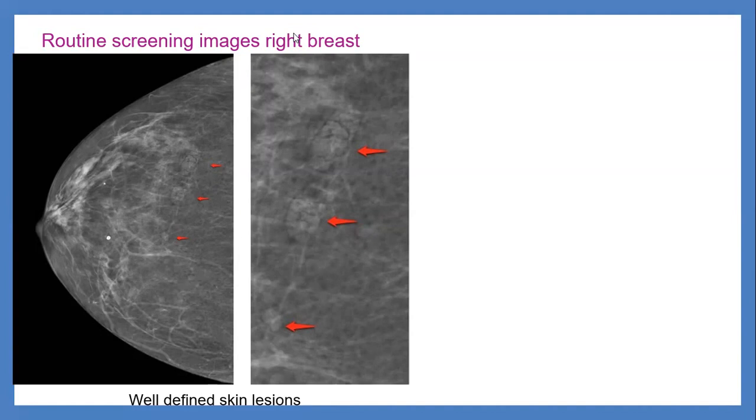I would like to go quickly. Okay, why is this a skin lesion? Radiolucencies around them, surrounded by air.